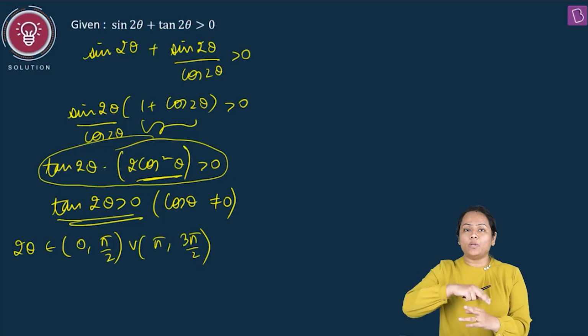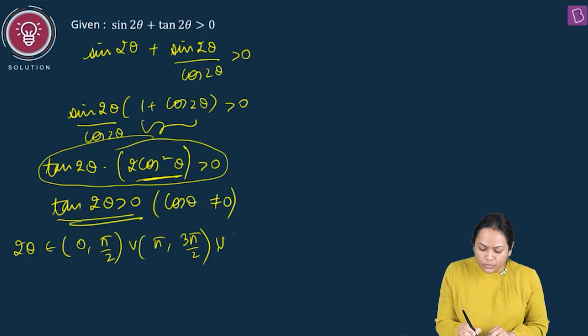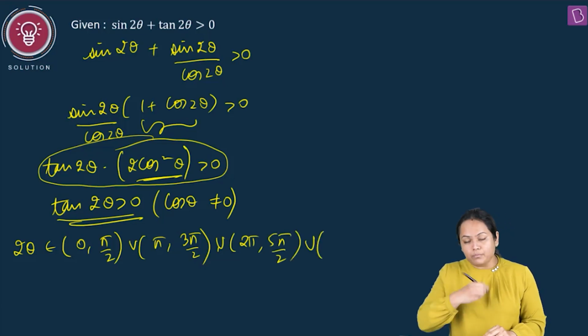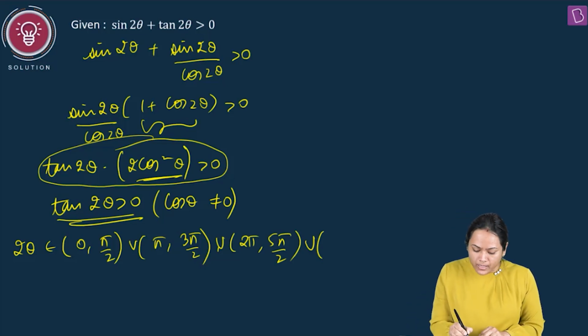Further, if you rotate once more, it's going to become a union of, again, 2 pi to 5 pi by 2, or one more value which is going to come will become 3 pi to 7 pi by 2, right?